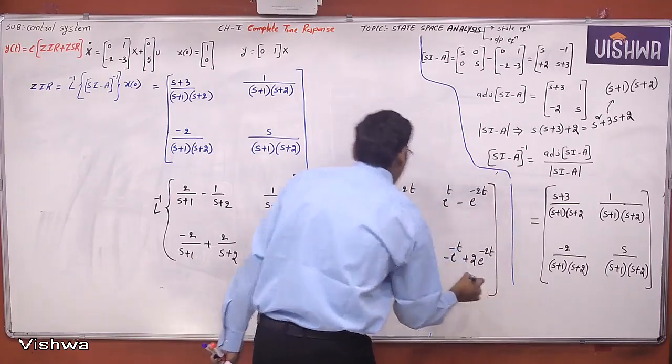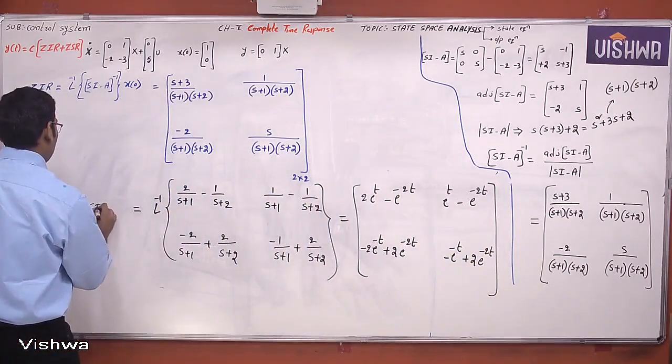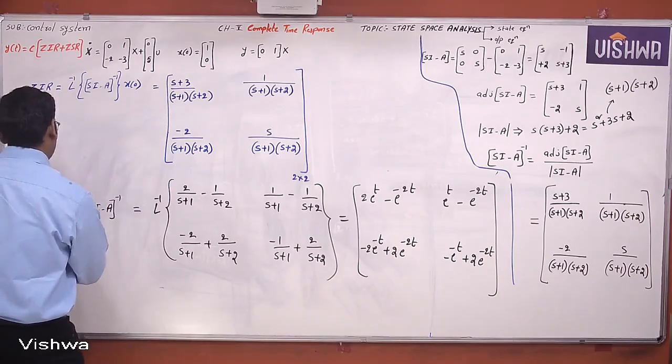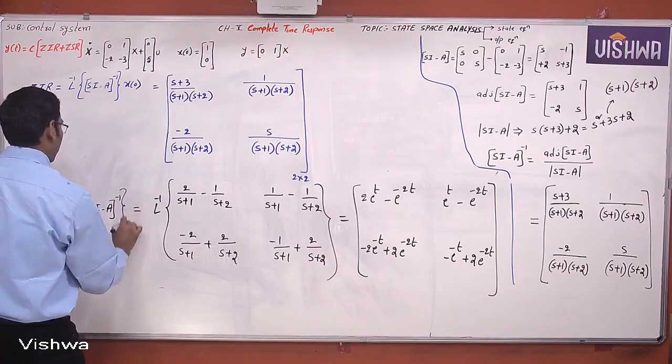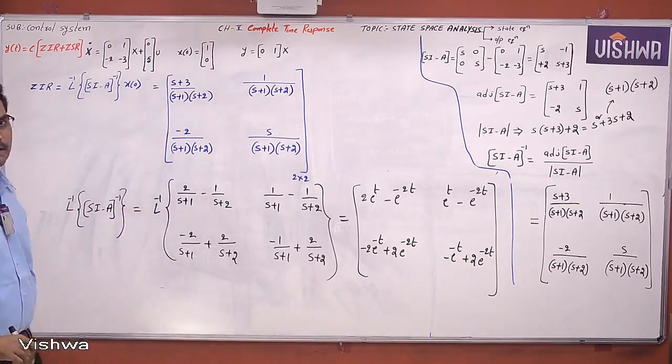This is the inverse Laplace transformation of the sI minus A matrix inverse. Now you simply multiply it with x of 0. Okay, note down this.